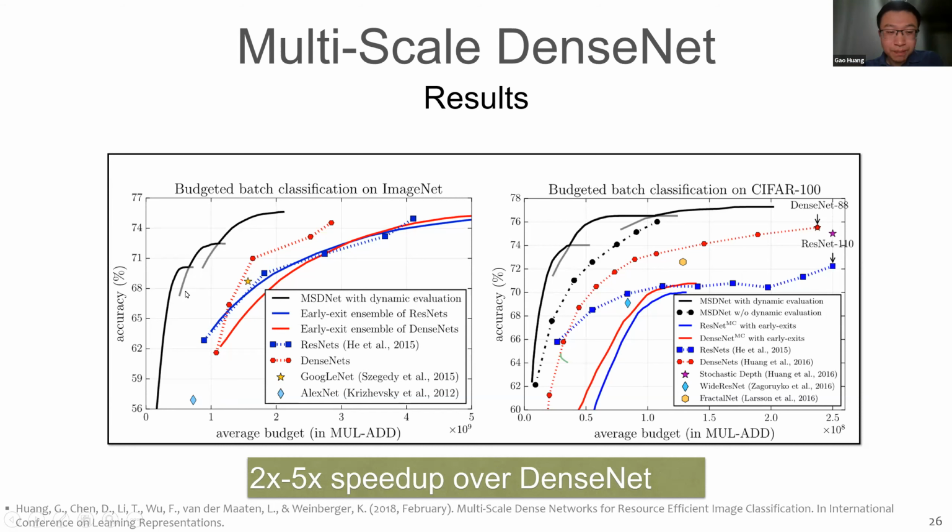The three black curves shown here represent the results of the dynamic network, which we call multi-scale DenseNet, or MSDNet. The red dots correspond to static models, DenseNet, and the blue squares correspond to ResNet, and also GoogleNet and AlexNet.